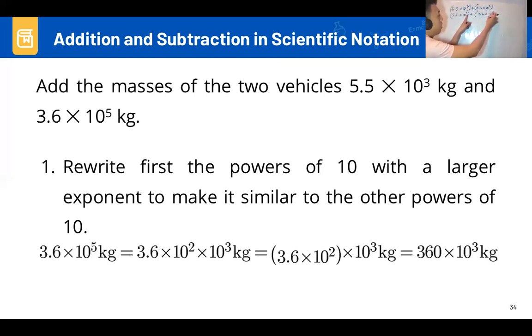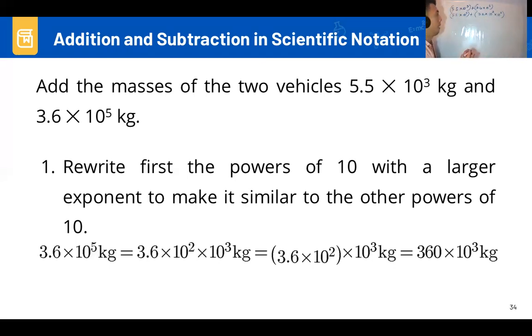So ilan pa yung kulang para maging 5? Times 10 raised to 2. Why we need 2 times again 10 raised to 2? It's because if we are multiplying numbers with exponents, di ba? If they have the same base, we will just add the exponent. Tama? So magiging 10, same base, 3 plus 2 is 5. So we have 10 raised to 3 times 10 raised to 2.